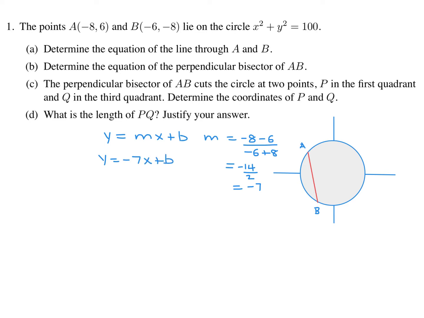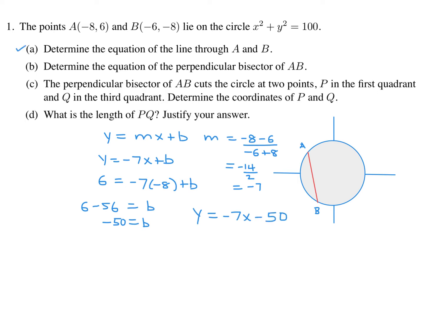Substitute either of these points in to figure out the value for b. So I will do that. Y is 6 when x is equal to -8. So that looks like b is 6 minus 56, so b is -50. Therefore, the equation of the line through AB, that red line, is y equals -7x minus 50.